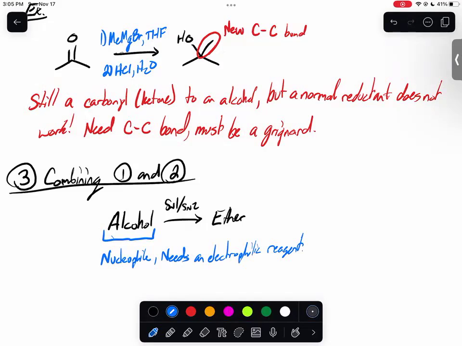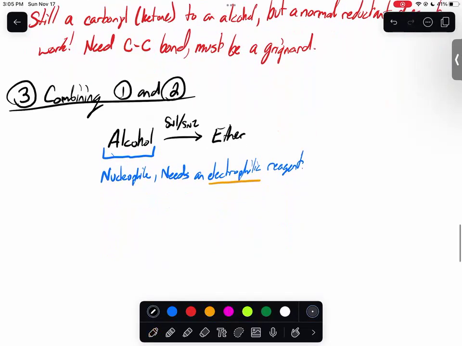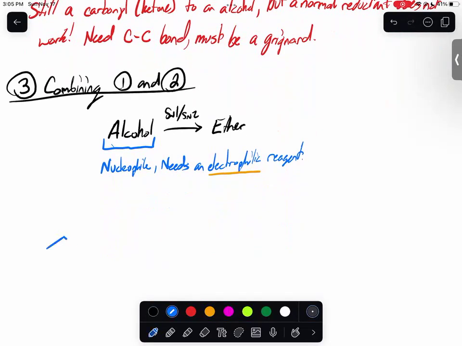So in this case, we know we need to provide an electrophile to get this reaction to run. So let's say that we wanted to take this alcohol drawn here in blue, and we want to generate this ether, which I have kept the same chain from the alcohol in blue, and then I've made the other side red.